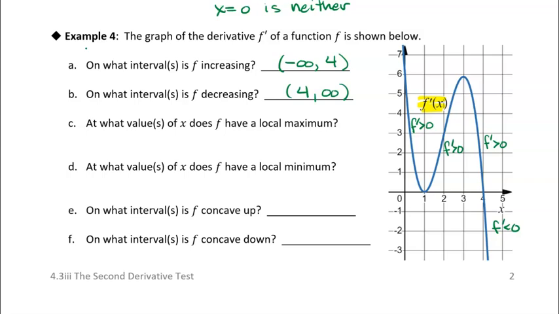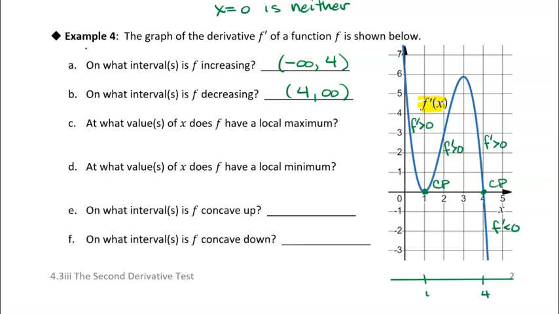All right, so at what value does f have a local minimum? Remember, critical points are when the derivative is 0. So the derivative is 0 here and here. These are the critical points. If I were to draw a little number line down here and mark where those critical points are, we have the critical points at 1 and 4.